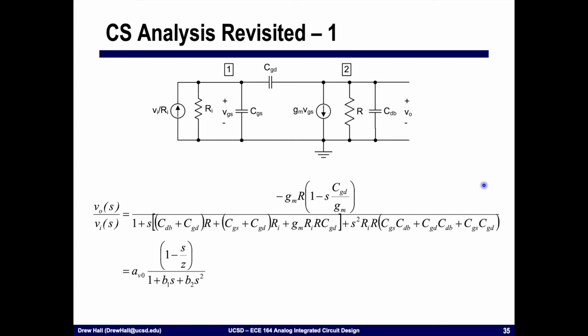We can simplify this down into this canonical form, where I have the gain term that is independent of the frequency, and the numerator I factored to get all of the zeros, and the denominator, ideally I would like to factor it like the numerator, but it turns out that I can't always factor it. Sometimes they just are unfactorable. And so I'll leave it in this long expression of 1 plus B1S plus B2S squared.